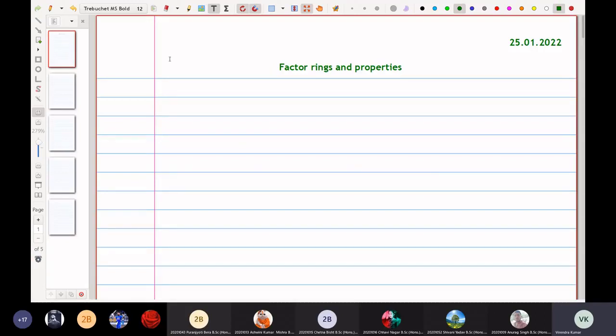Before starting the main thing today, I don't know if I told you about the principal ideal. I think I gave just a brief mention, but let me make it clear what we mean by principal ideal. So in this way, we will be having a prime ideal, a maximal ideal, as well as the principal ideal.